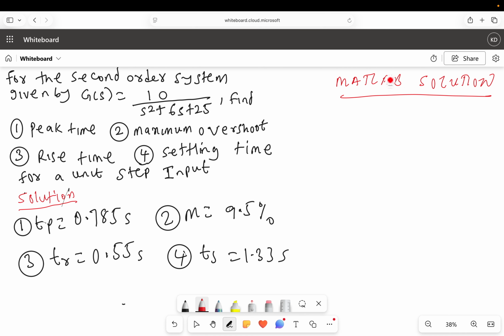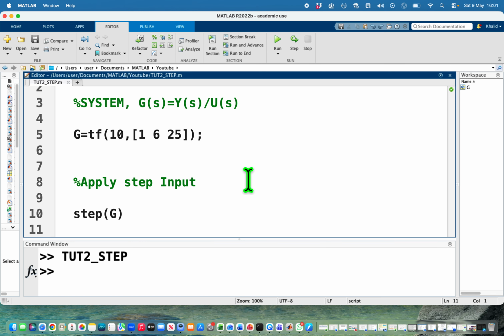So now let us go to MATLAB and see if we can get similar results from the step response of the given system. So here we are in MATLAB, and I have already defined my system using the TF function, as you can see, and I have my step function here in order to visualize the step response of the system. So I will just click on run.